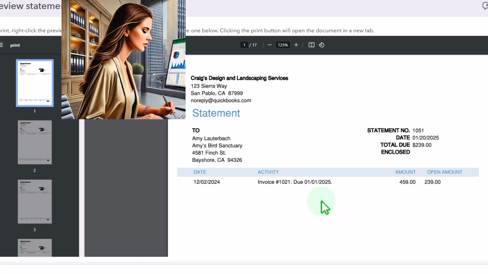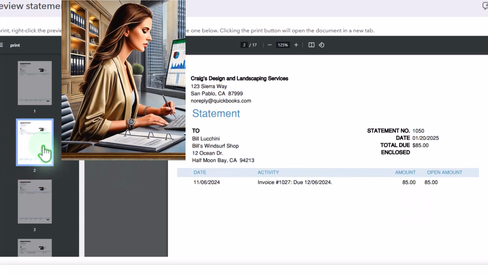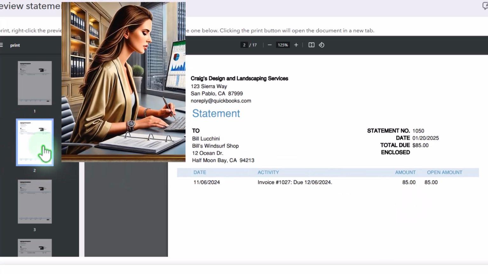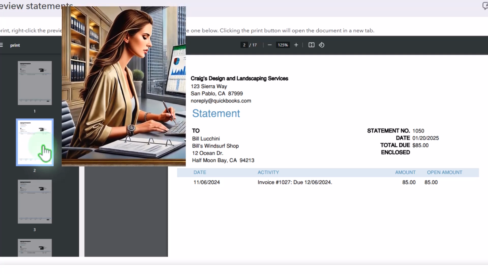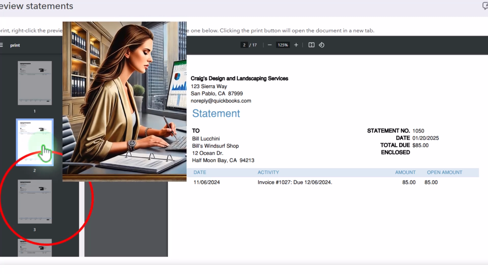Now, if you're in a system where usually people pay you in full for the invoice and you don't have that scenario of partial payments, it might be a little bit easier to just say, hey, look, these are the outstanding invoices that you have not paid us on, instead of giving the activity of the increases and decreases. So whether you choose one of these two statements might depend on how simplified you want your statements to be, based on whether you have a job cost system or not, where partial payments are involved.